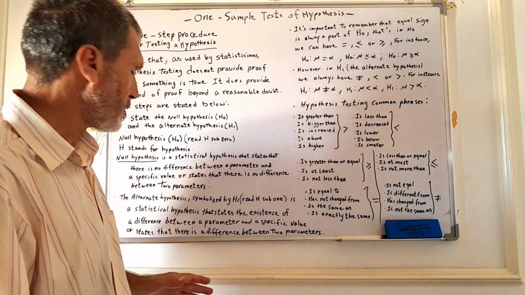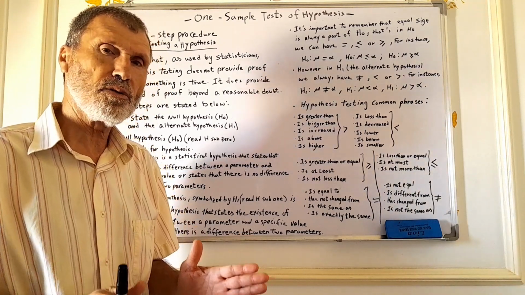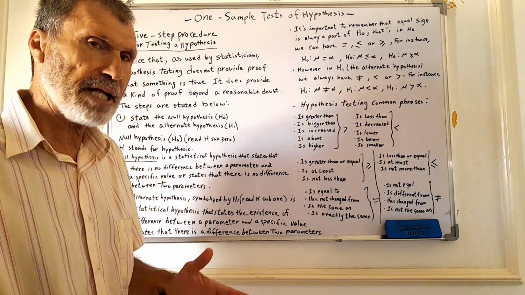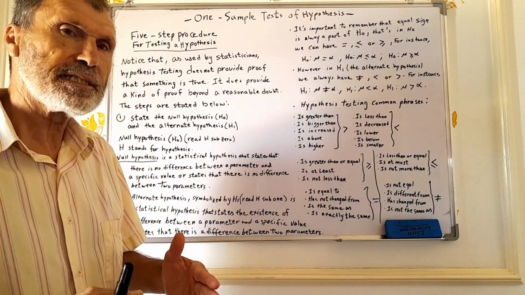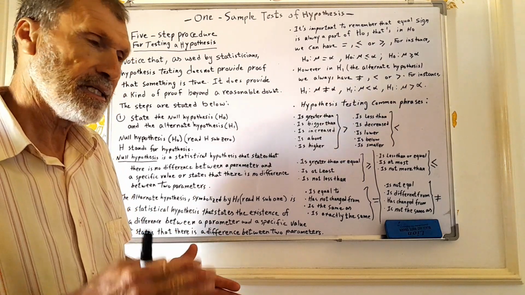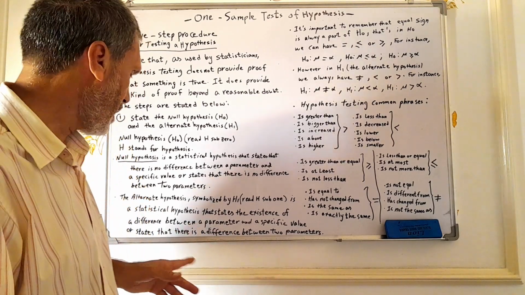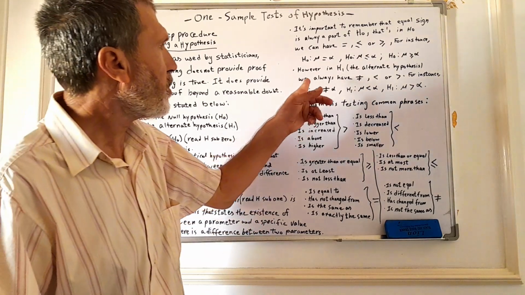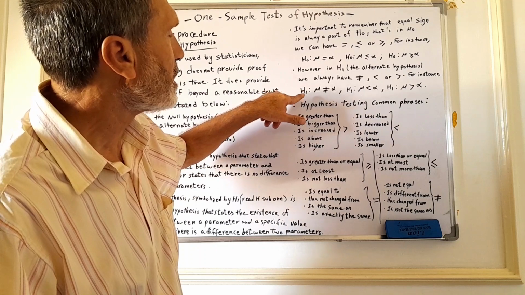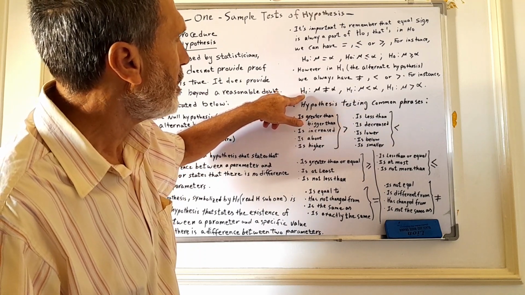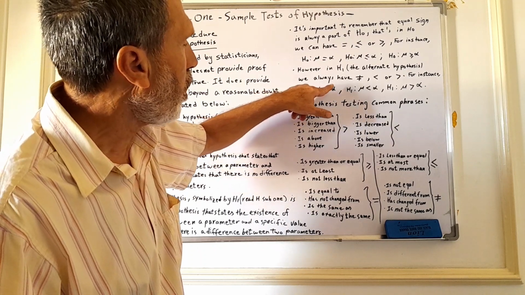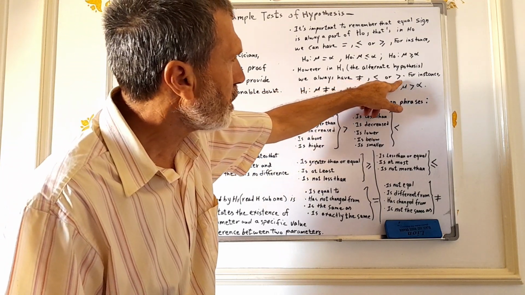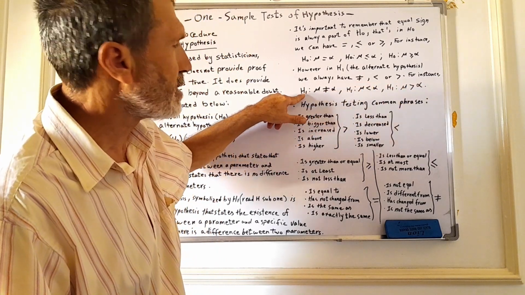So if H sub 0 states equality, then H sub 1 states that there is a difference, that is, not equal. Or it states that there is a difference between two parameters. Look over here at how we illustrate H sub 1. We always have a not equal, less than, or greater than for H sub 1.